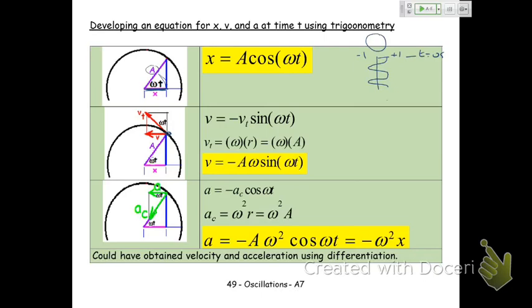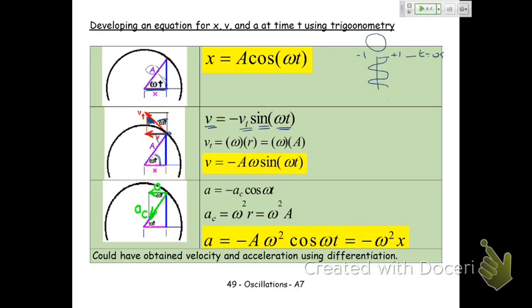So I say, well, hold on, the angle here is omega t, and if I look at this omega t up here, then this is an opposite. So I can say v is equal to Vt sine omega t, because it's the opposite. It's no longer the cosine, it's the sine of the angle.